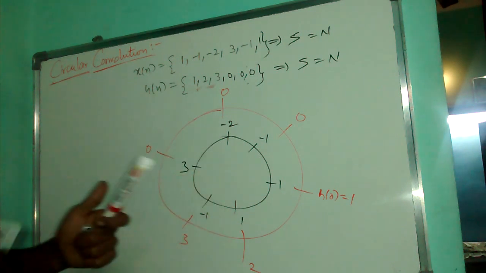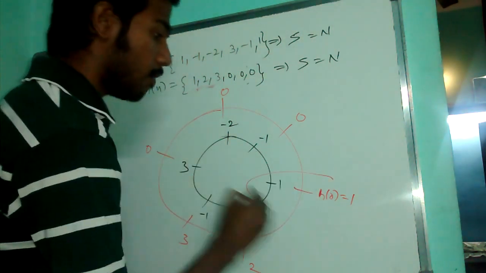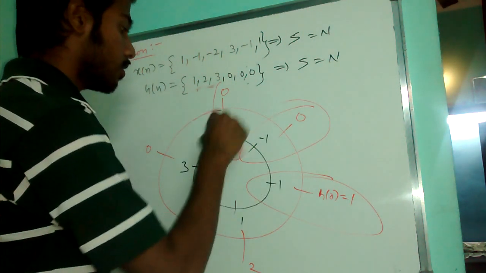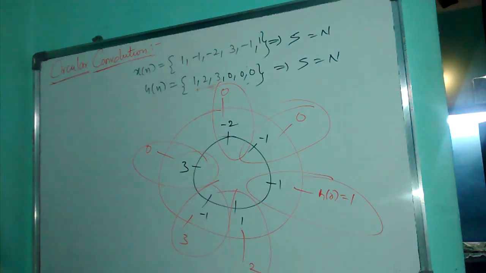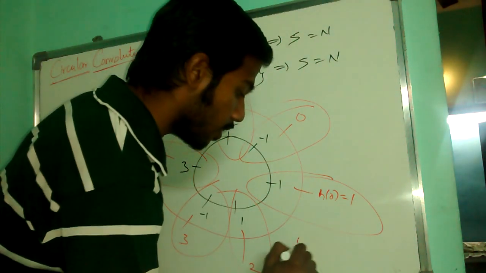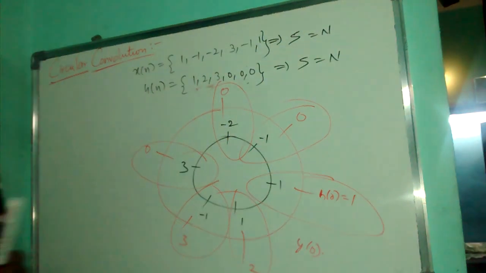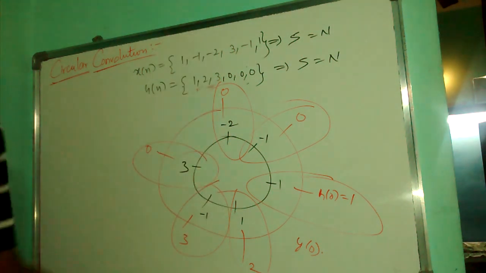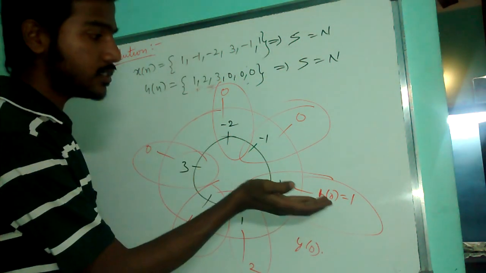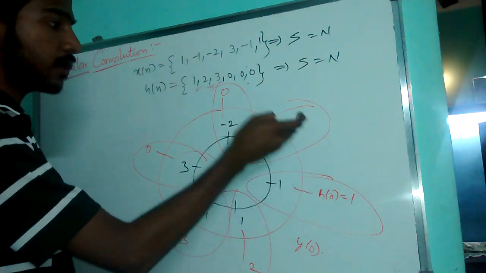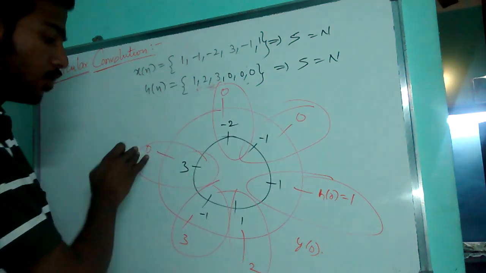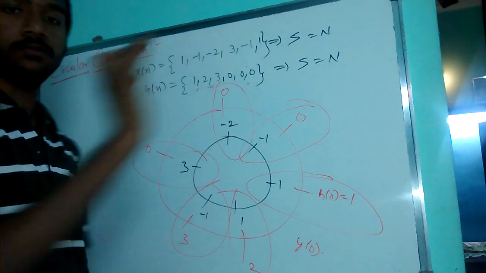This is my sequence. Now what to do is just multiply these values and add. Then we'll get y of 0. Now for getting y of 1, just shift this value here and the rest of the values here. So this becomes 1, 0, 0, 0, 3, 2.